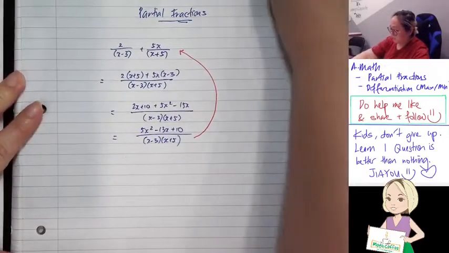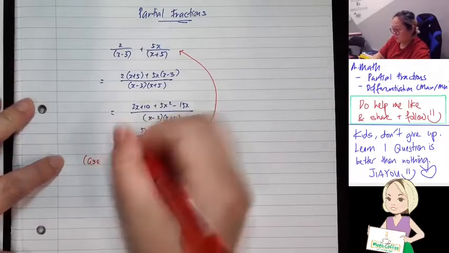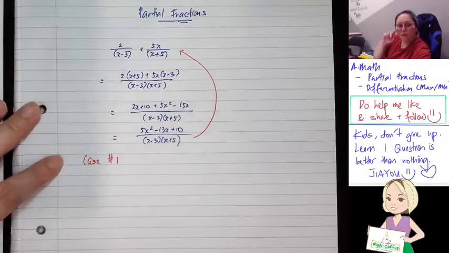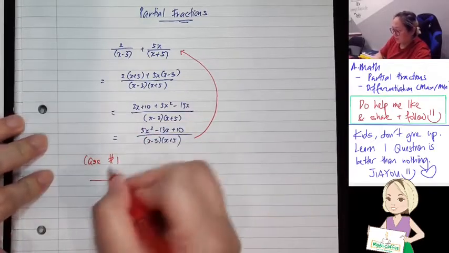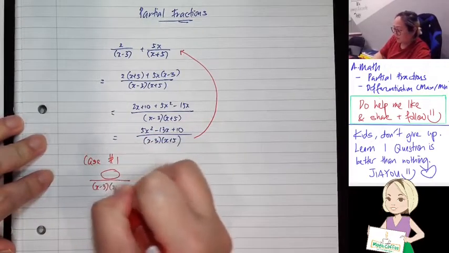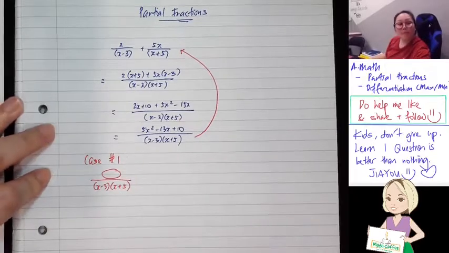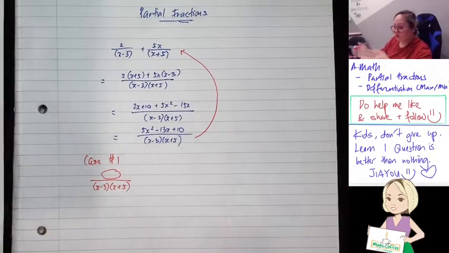Case number 1 is when you have linear denominator. So let's say, I don't care about my numerator, I have x minus 3 and x plus 5. I want to split it into their partial fractions.